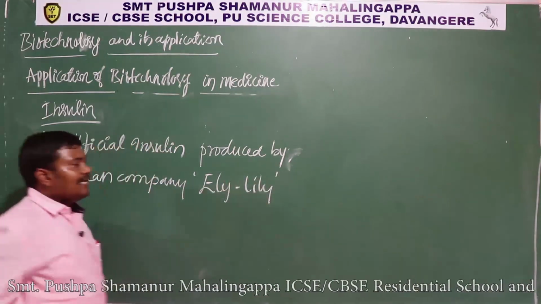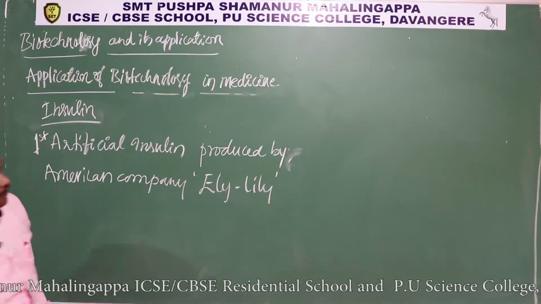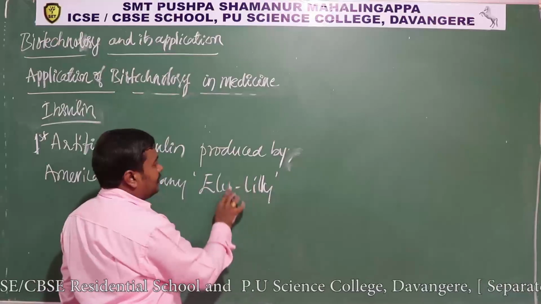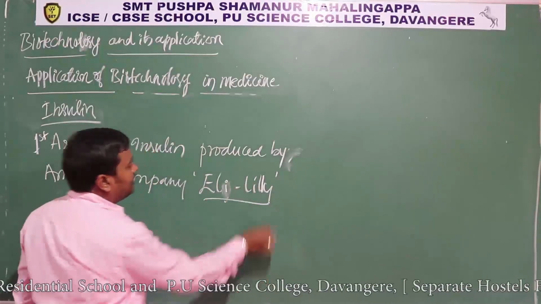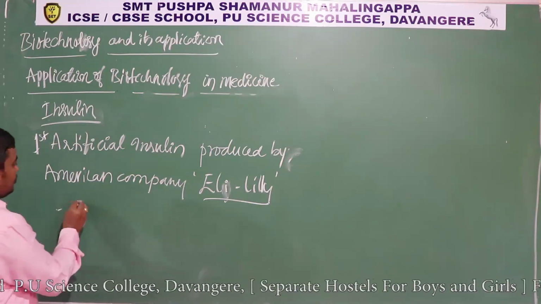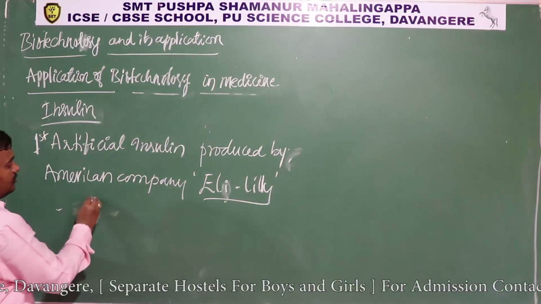Okay, so Eli Lilly is the first American company that produced artificial insulin, called humulin.